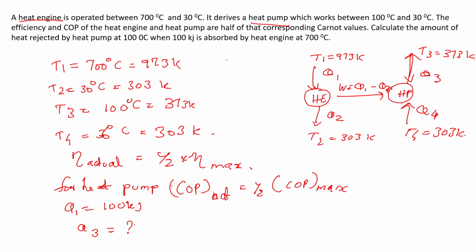Now for further you have to calculate what will be the maximum efficiency, and half of it is the actual efficiency. Then from there you have to calculate the Q2 value and the total work produced by the engine also.